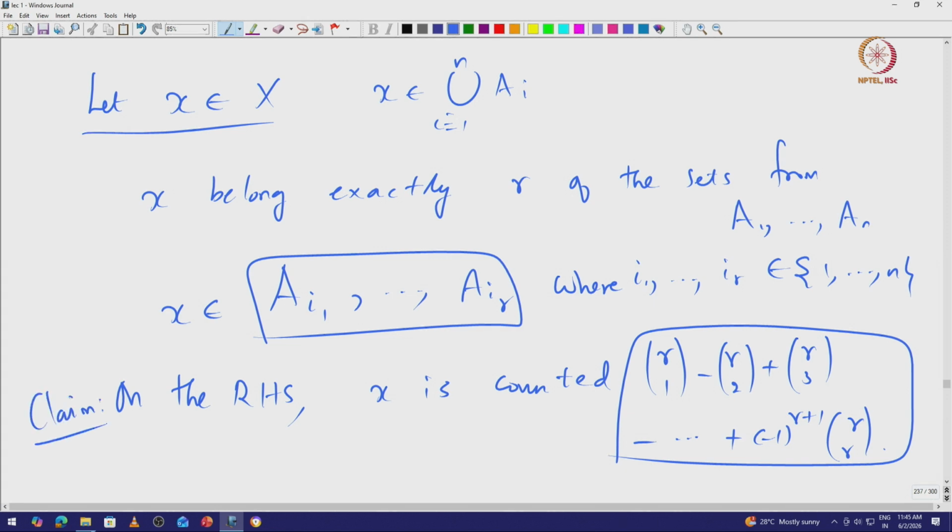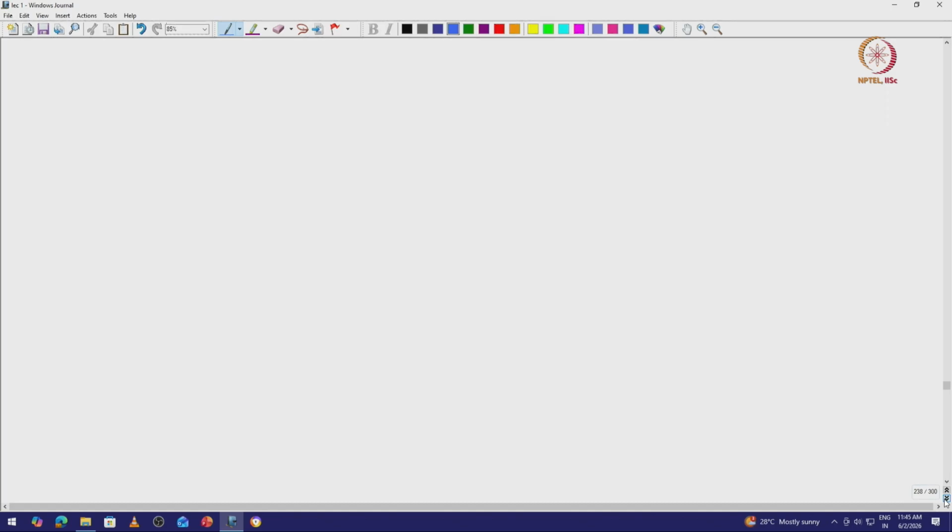So, how does one actually prove this? Let us look at the collection A_{i1} etc. A_{iR}. Now, if we look at the singleton sets in which x appears, that will be one of these A_{i1} etc. A_{iR}.